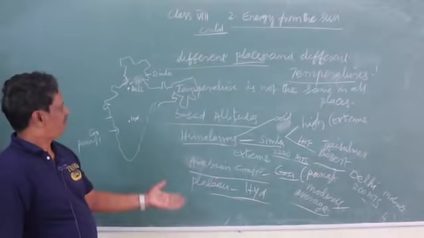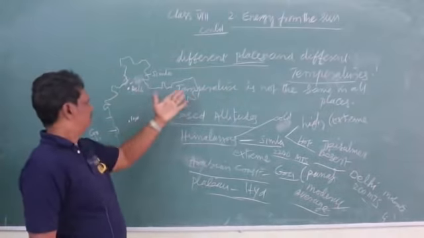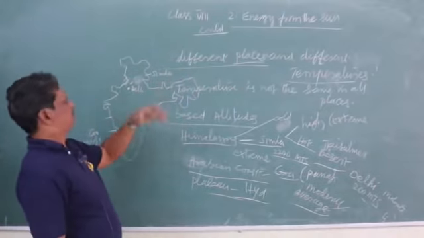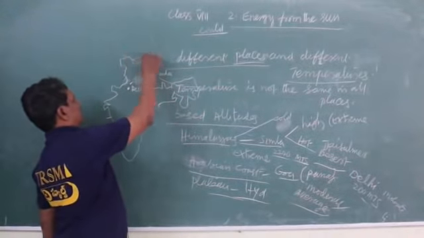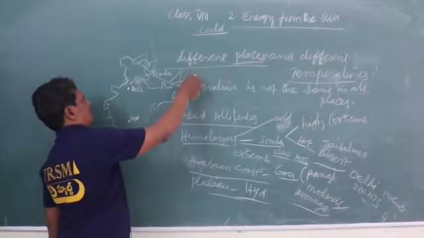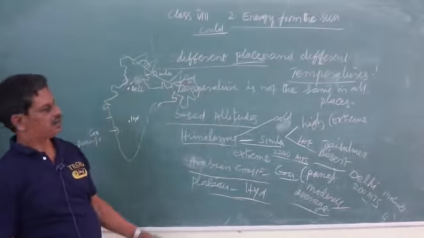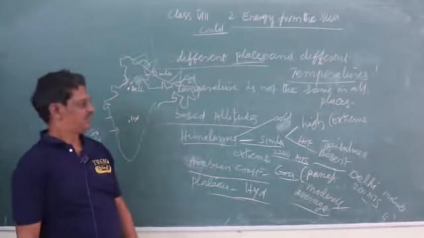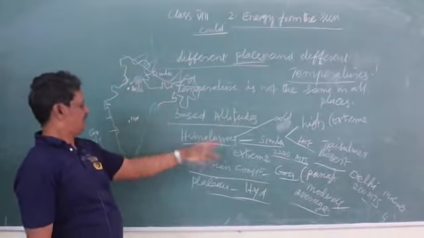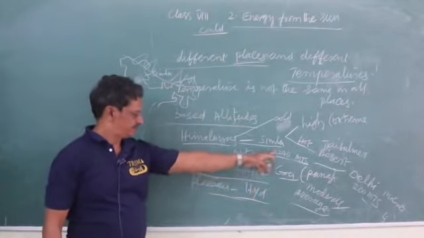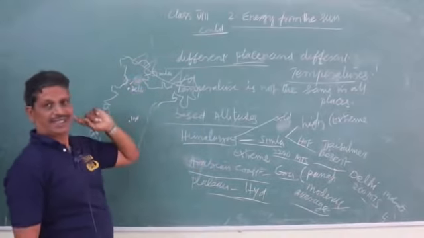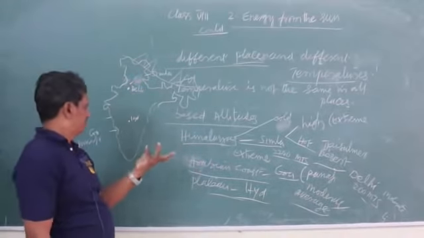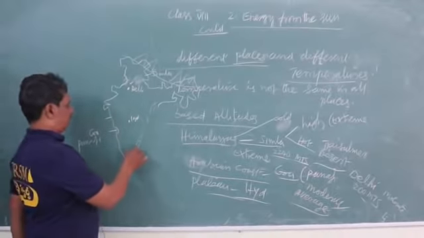So we have different places. Those nearest to the Himalayas have colder temperature. This is at 2200 meters height. Delhi is at 200 meters altitude.